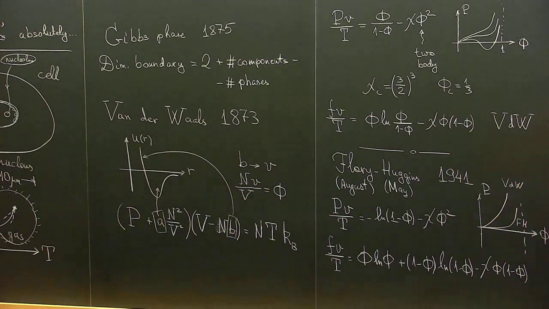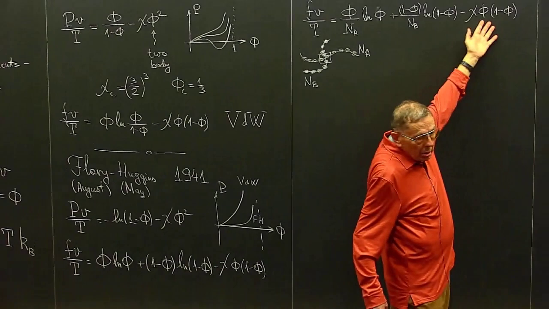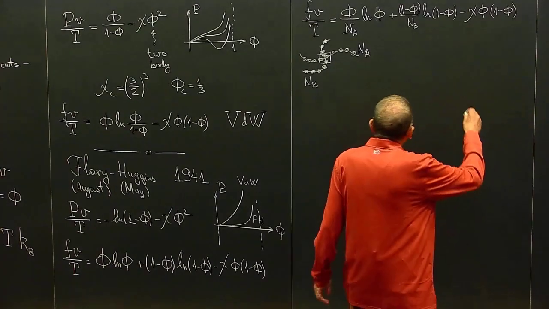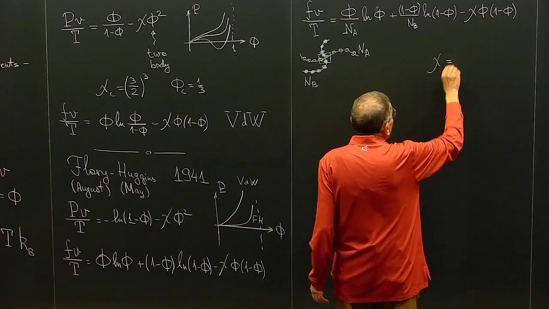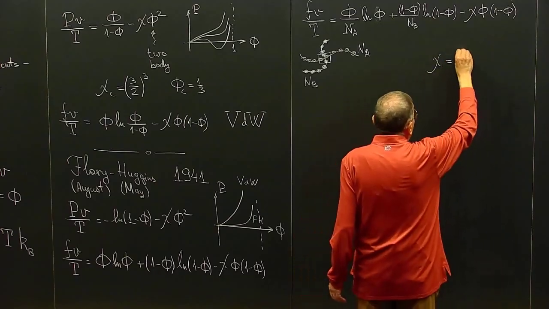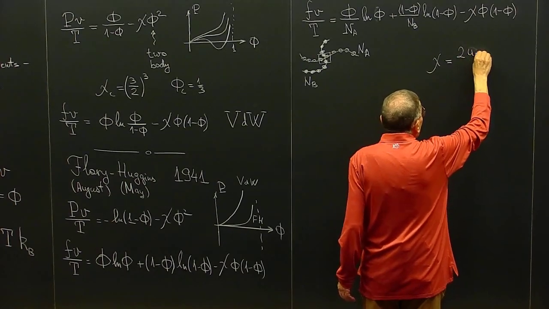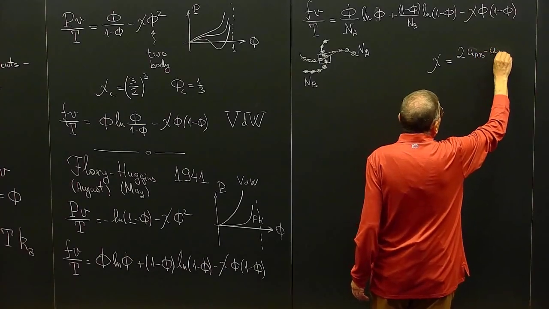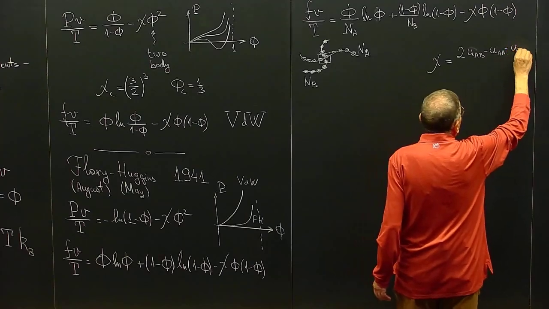So here again, the same story: you gain energy if A, for instance, attracts A. And by the way, it's useful to say that Flory and Huggins wrote this chi parameter in a way which I think will be clear without much explanation.